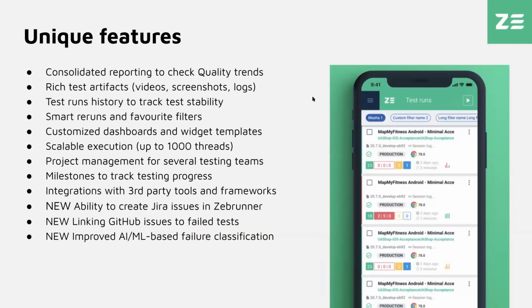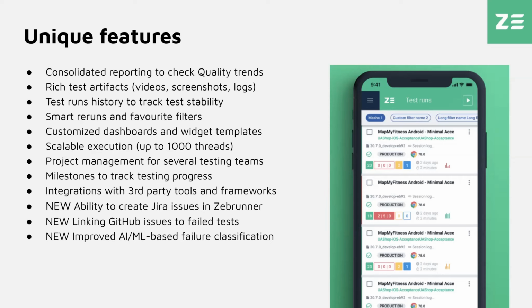So actually, the unique features that Zebrunner has is the ability to create customized quality trends, quality reports that illustrate all of your statistics, all of your trends in your test automation.